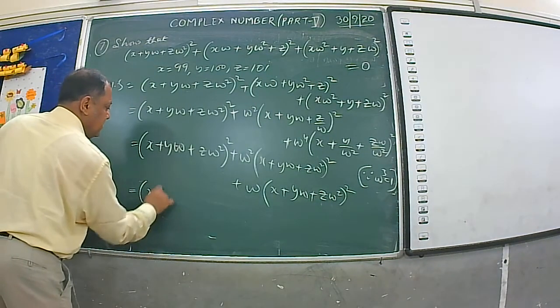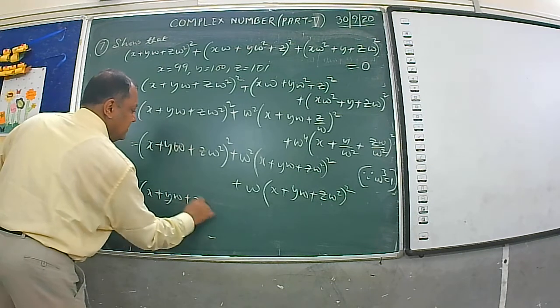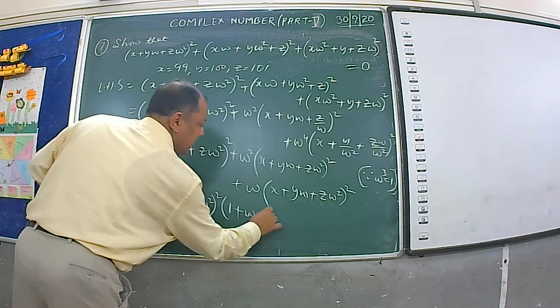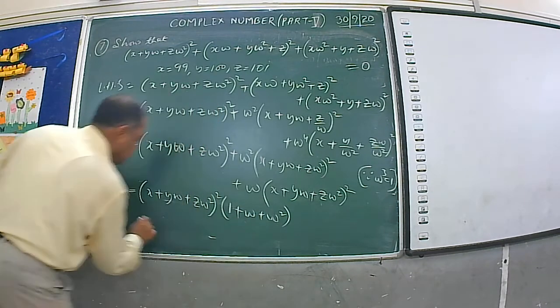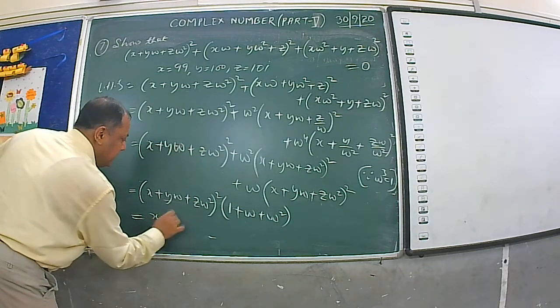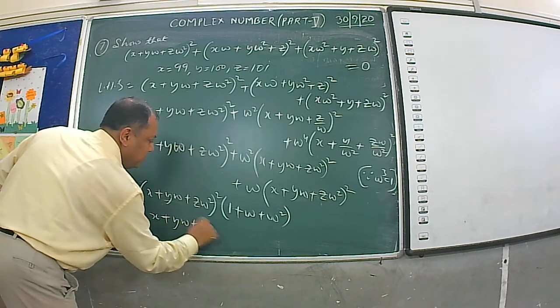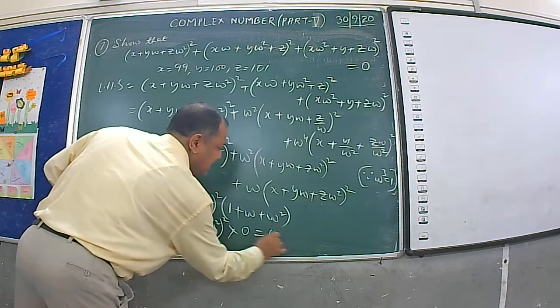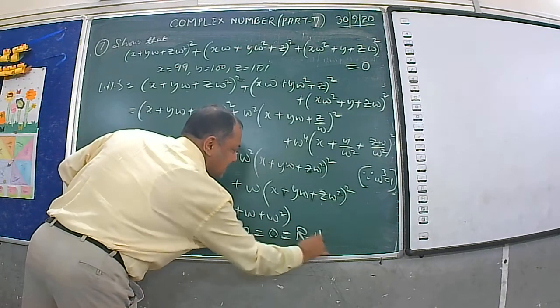Therefore, x plus y omega plus z omega square whole square into 1 plus omega plus omega square, which is equal to 0. So x plus y omega plus z omega square whole square into 0 is 0, which is equal to the RHS.